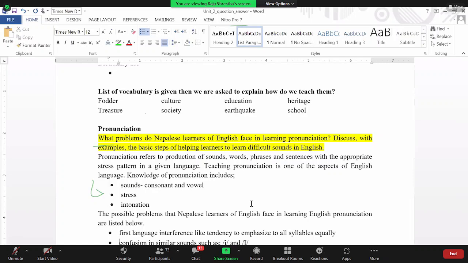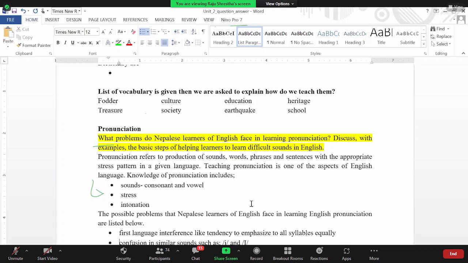English is a stress-timed language. Some syllables get high prominence, high emphasis while producing, and some less. So there is a fluctuation, sometimes up and sometimes down, and a kind of rhythmic pattern, a kind of music is created. That is the quality of the English language.